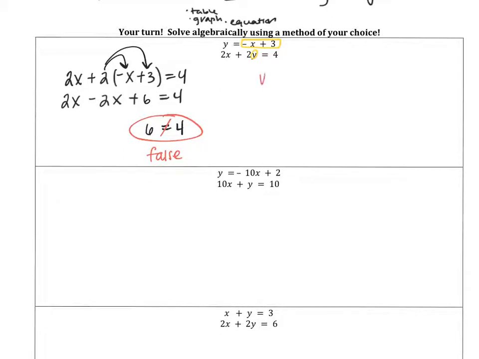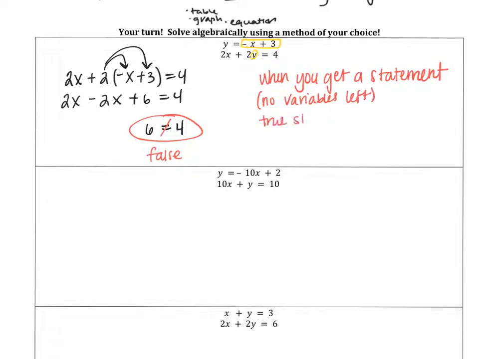So when you get a statement which means you have no variables left, if it's a true statement, you have infinitely many solutions.